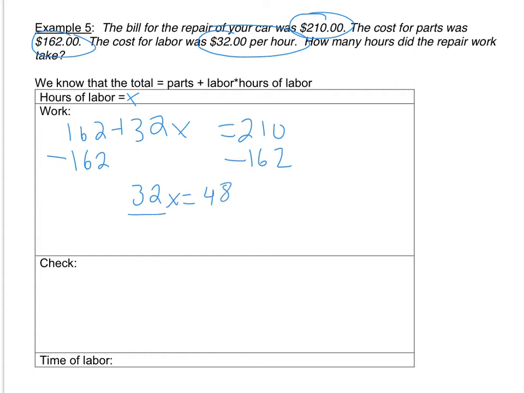Divide by 32. Now this one, you don't want to leave it like this, 3/2, because have you ever heard anyone say, well, that took 3/2 of an hour? No, so it's 1.5 hours.